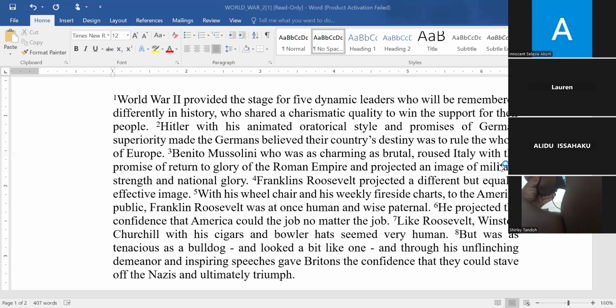So 7 is a major support sentence. But those who mentioned the major support sentences didn't mention 7, because I'm writing the answers down. Somebody mentioned 2, 3, 4. I wrote it down. Somebody mentioned 2, 3, 4, 6. I wrote it down.